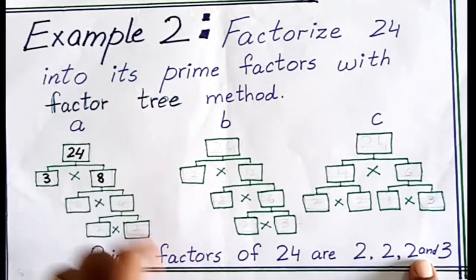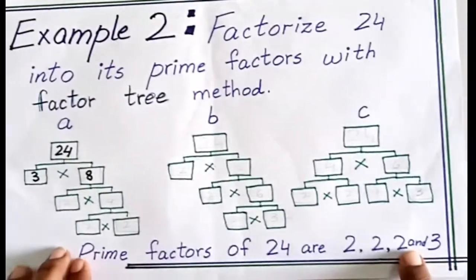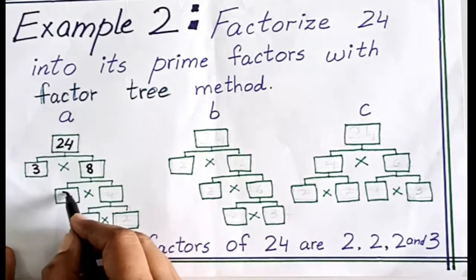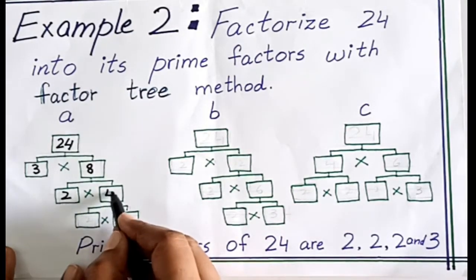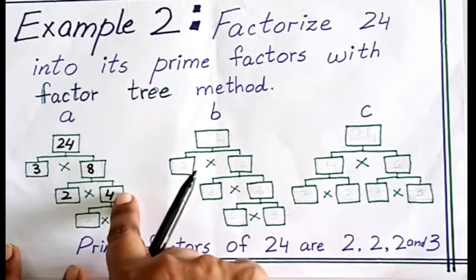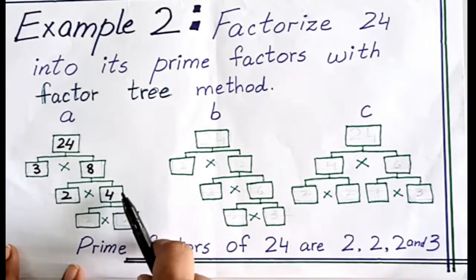Now break 8. 2 4s are 8. We write over here 2 4s are 8. Now when we break 8 into more factors, we find 2 and 4.